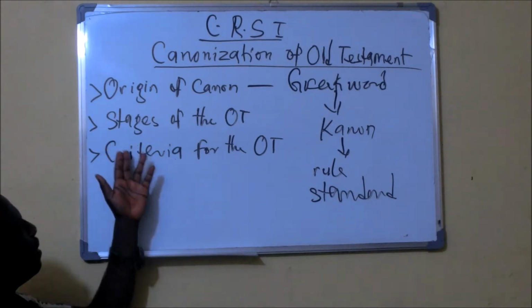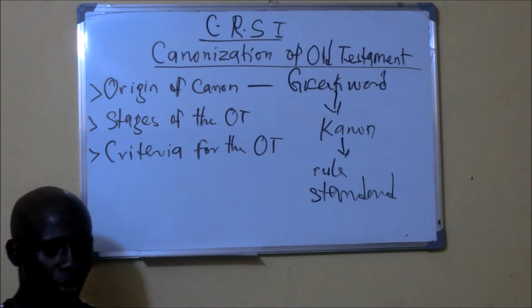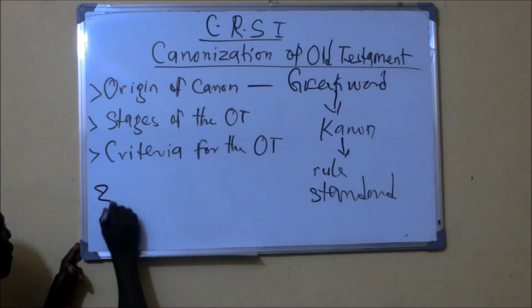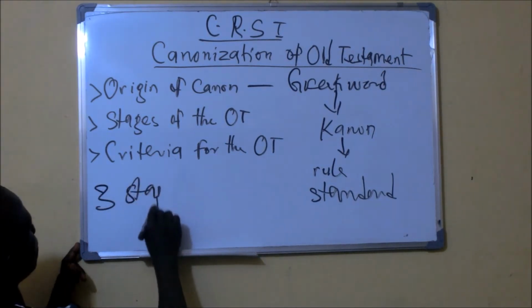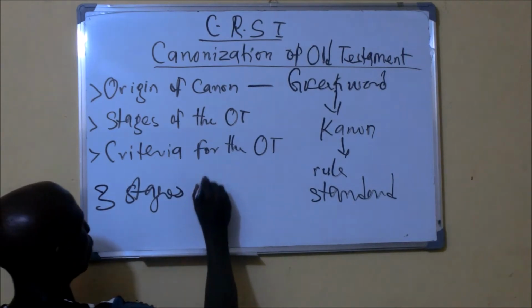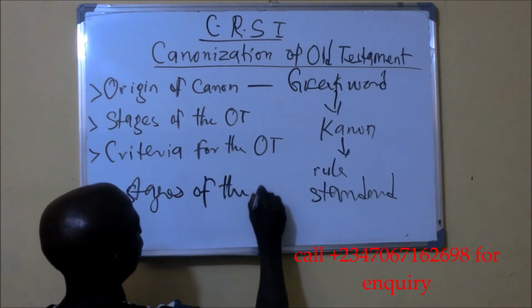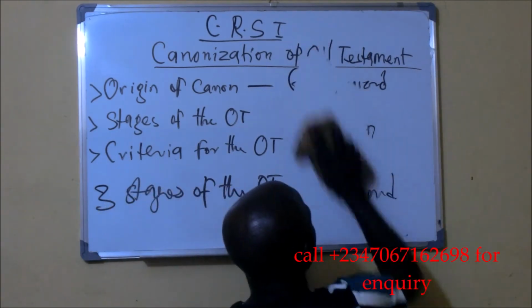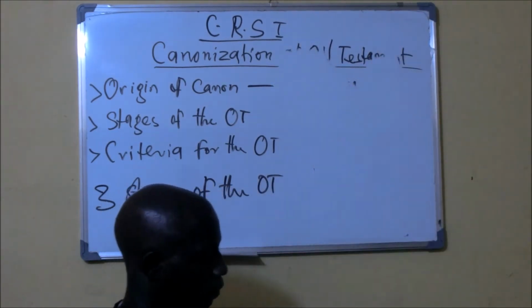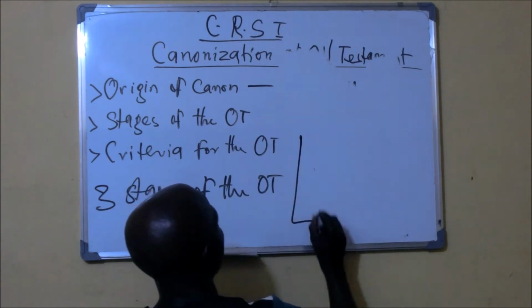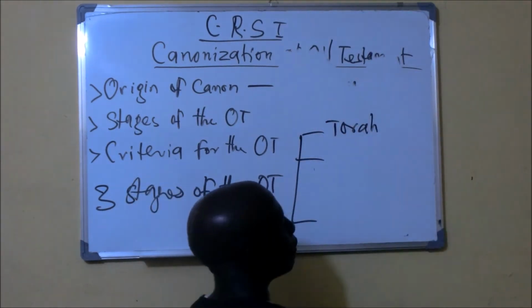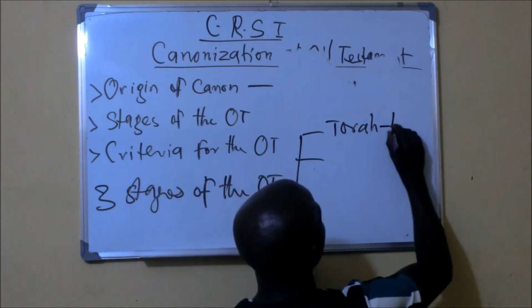Then the stages of the Old Testament. We have three stages. The first is what we call Torah. Torah simply means law.